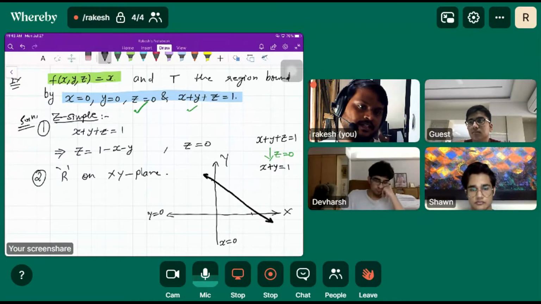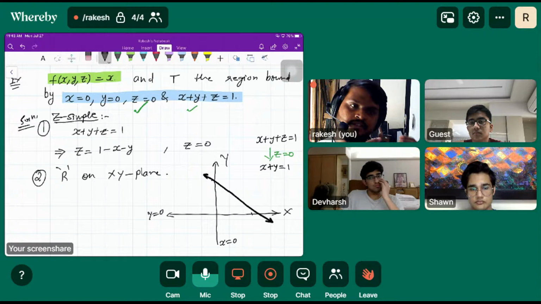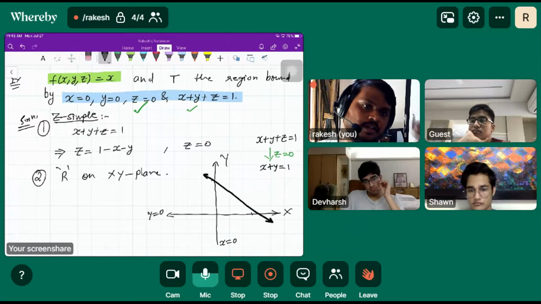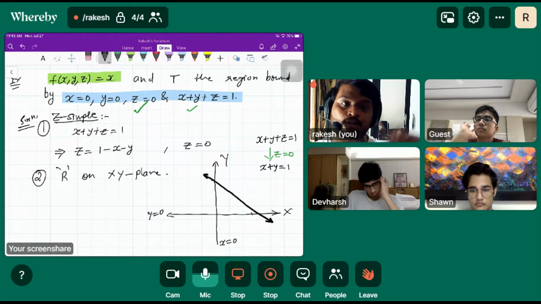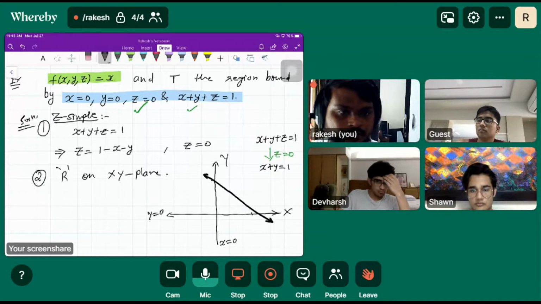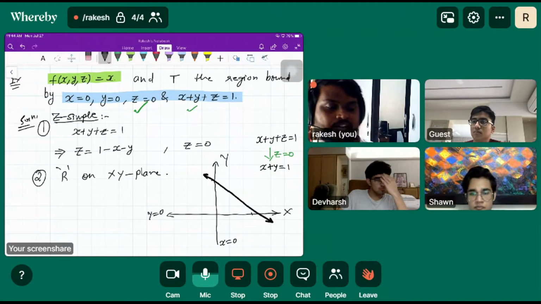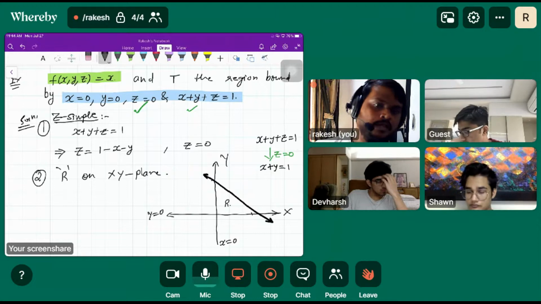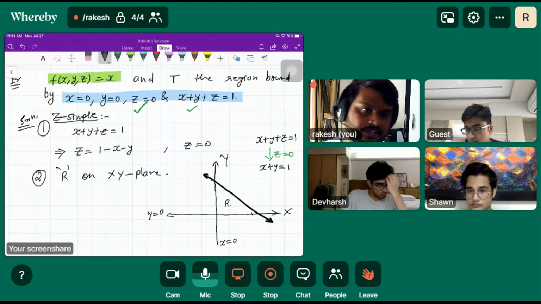That's a single line, which we term a level curve, which can be obtained by setting z is equal to some constant value, right? So when we set z is equal to 0, what did we get? We got x plus y is equal to 1, which is a level curve which can be drawn on the xy plane. Okay, so this is our region R. Then we know how to simplify the double integral, right?